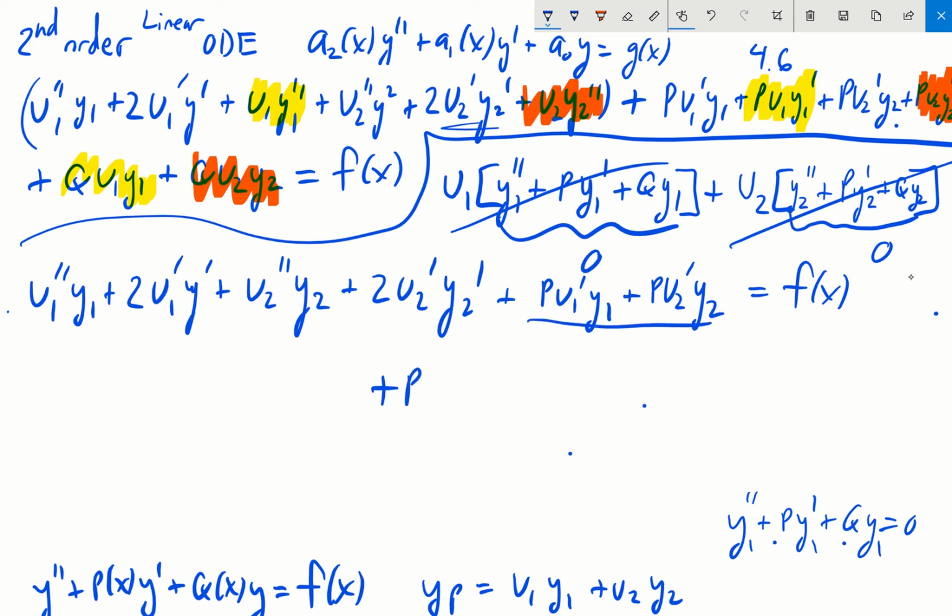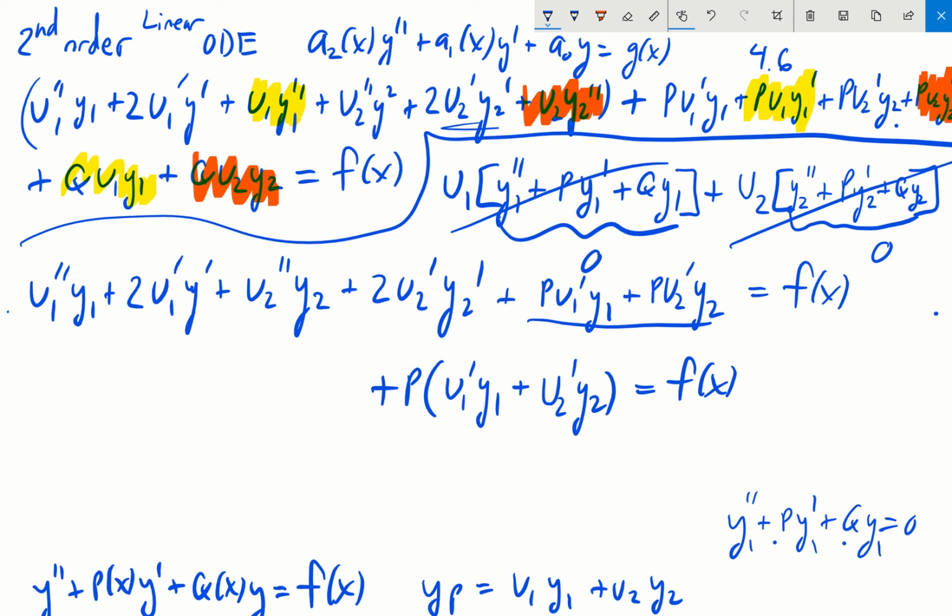That's going to leave us with u1 prime y1 plus u2 prime y2, and this equals f of x. And we're going to group some of these other terms together.